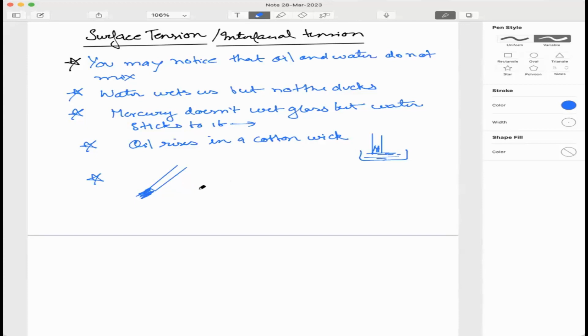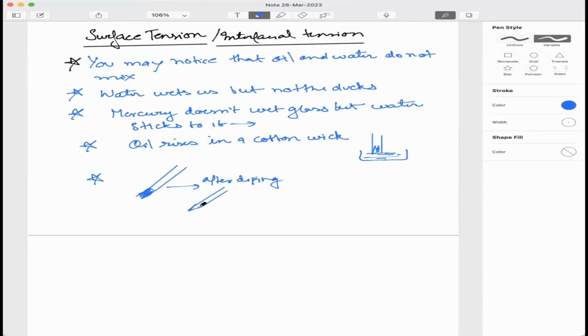When you dip it into some liquid, it gets wet, and after dipping, the surface tension reduces. Due to the surface tension, the area becomes like this.